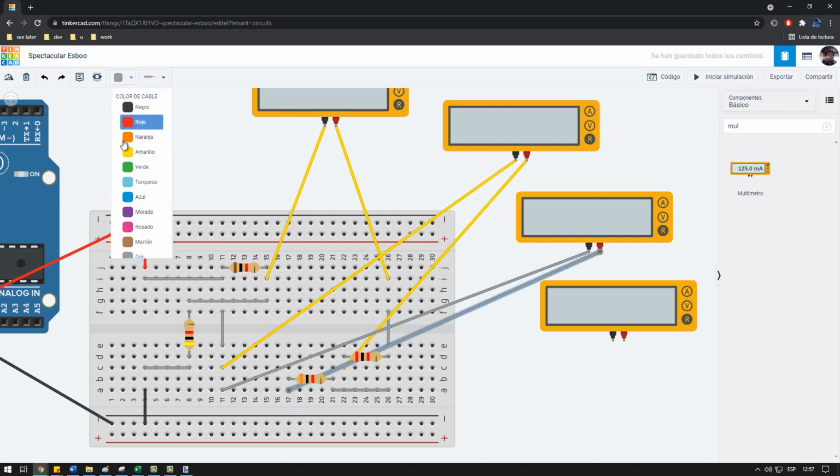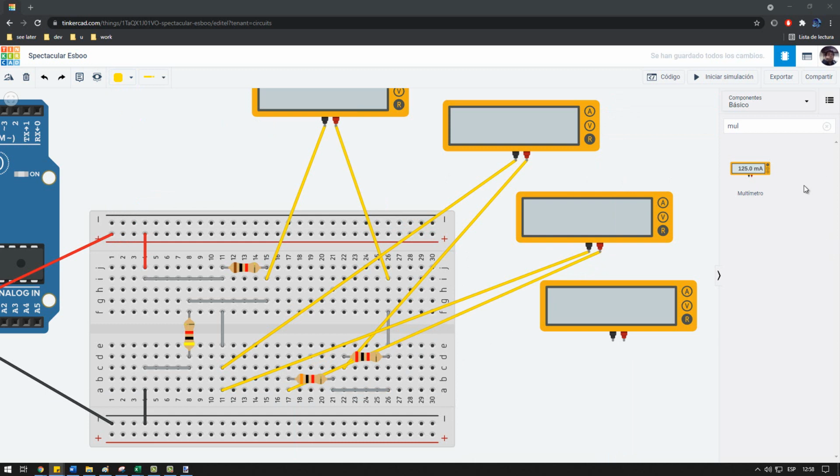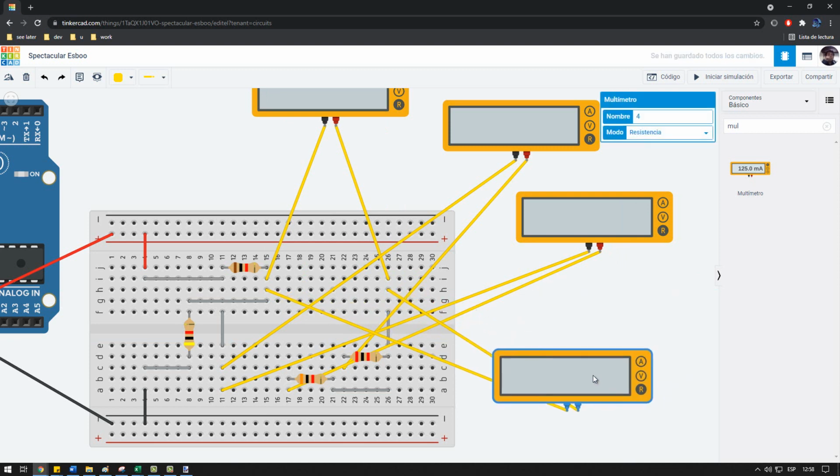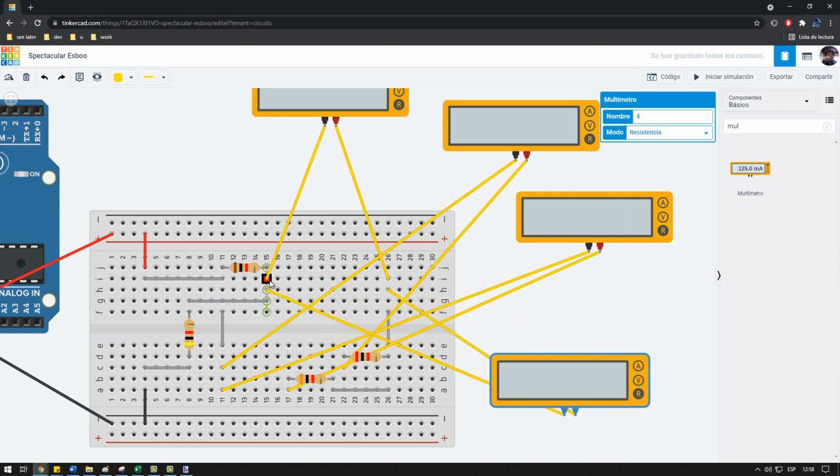I'm gonna use the color yellow again. Don't forget our R4. I will add a multimeter, maybe from here to here, to extend the connection.